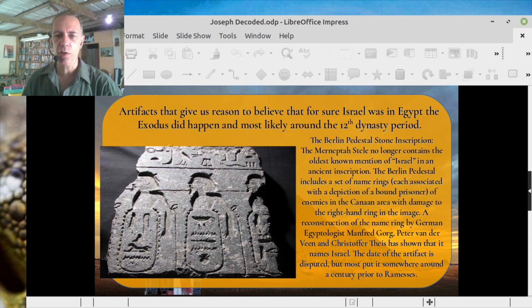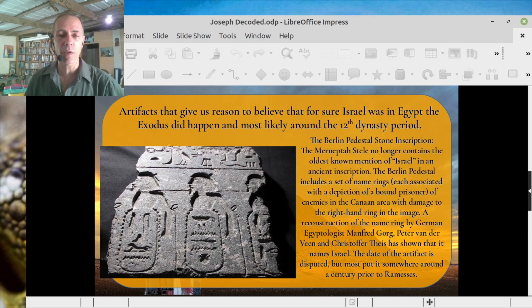A reconstruction of the name ring by German Egyptologist Manfred Görg, Peter van der Veen, and Christoffer Theis has shown that it names Israel. The date of the artifact is disputed, but most put it somewhere around a century prior to Ramses. Again, showing, a century before Ramses, that Israel was already listed among Egypt's enemies.